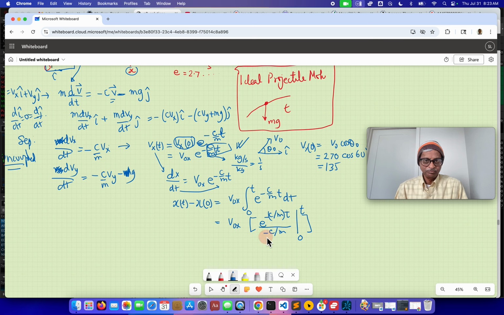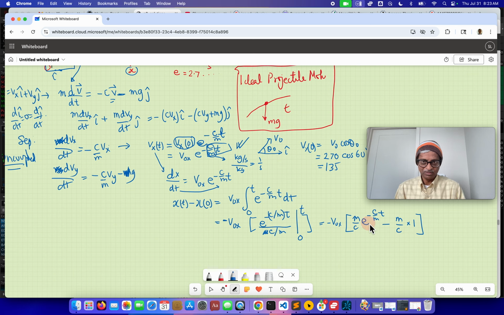So you can bring this minus up front here. Always a good idea, because you're going to get lost pretty soon if you don't. So this m over c, minus c over m t, minus m over c times 1. When t equal to 0, it becomes 1.